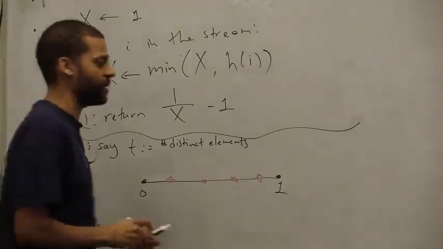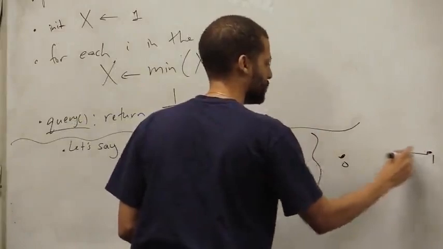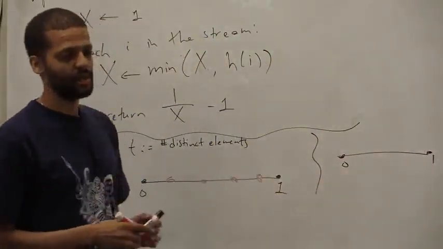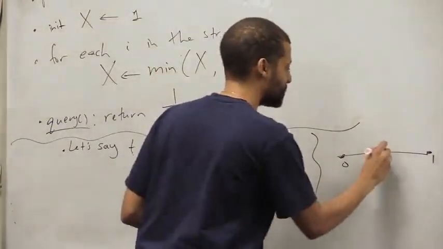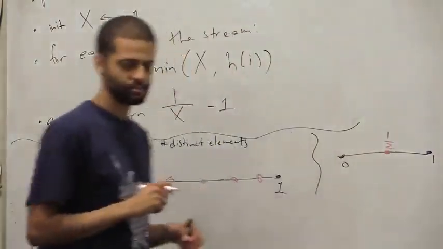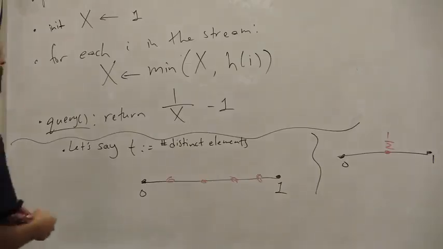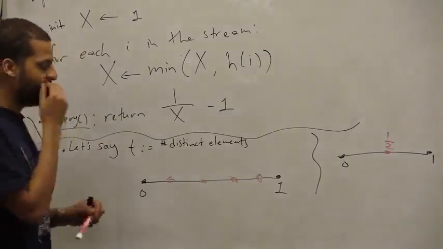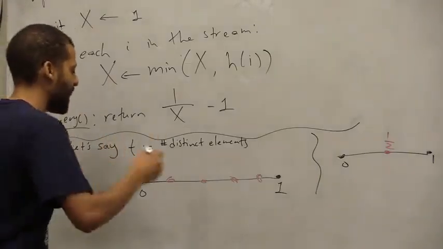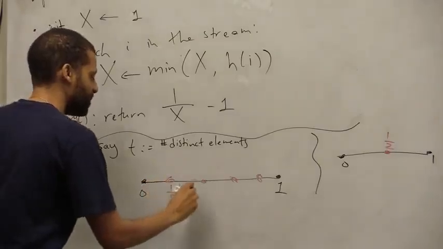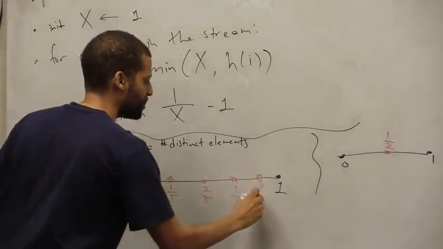Imagine there was one random number on the interval. Imagine that T is 1. If T were 1, in expectation, where would you expect a random number between 0 and 1 to be? You'd expect it to be in the middle. What if you had 4 random numbers? Well, we'll prove this. You expect them to basically be evenly spaced throughout the interval, meaning that the smallest one would be 1/5, the next smallest would be 2/5, 3/5, and then 4/5.